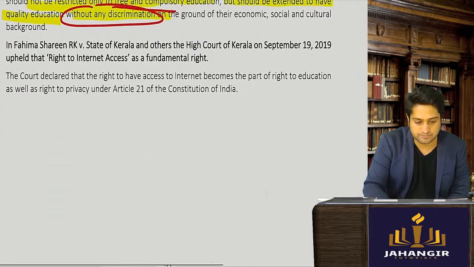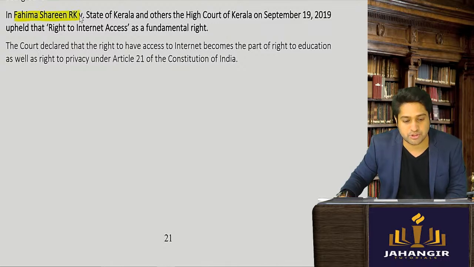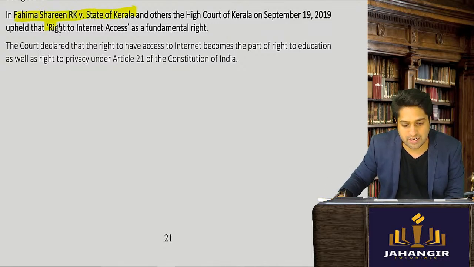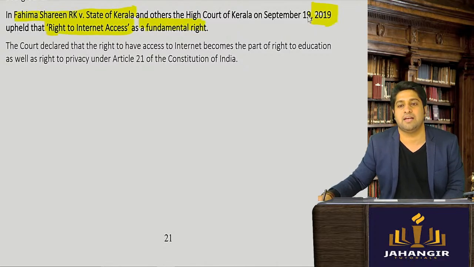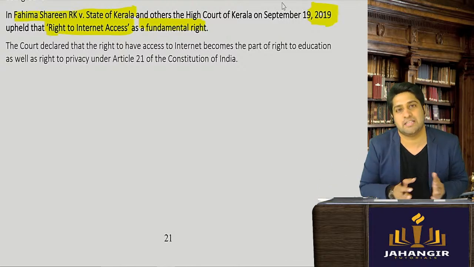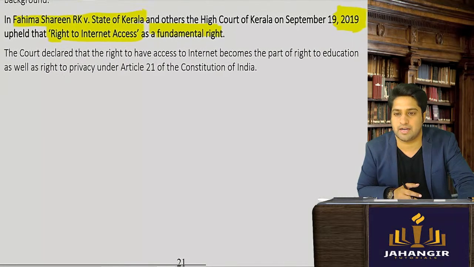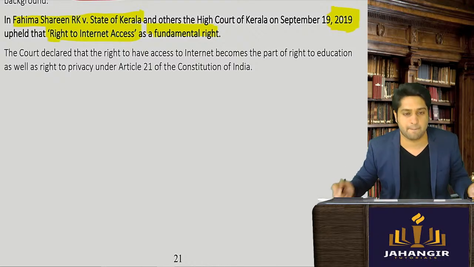Then the next one, in Faheema Shirin versus the State of Kerala, the court upheld the right to internet access as a fundamental right. This was in 2019. Now the internet has become so important that it also comes under fundamental rights, that in order to get yourself educated, internet access should also be given.